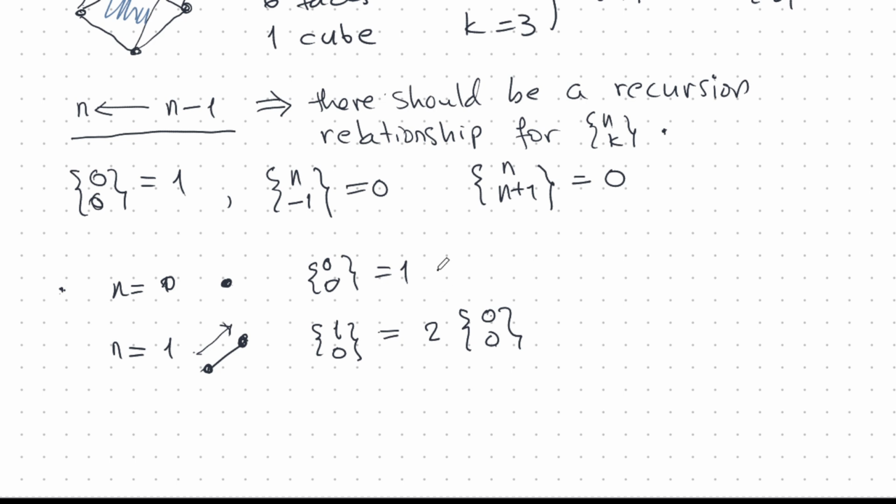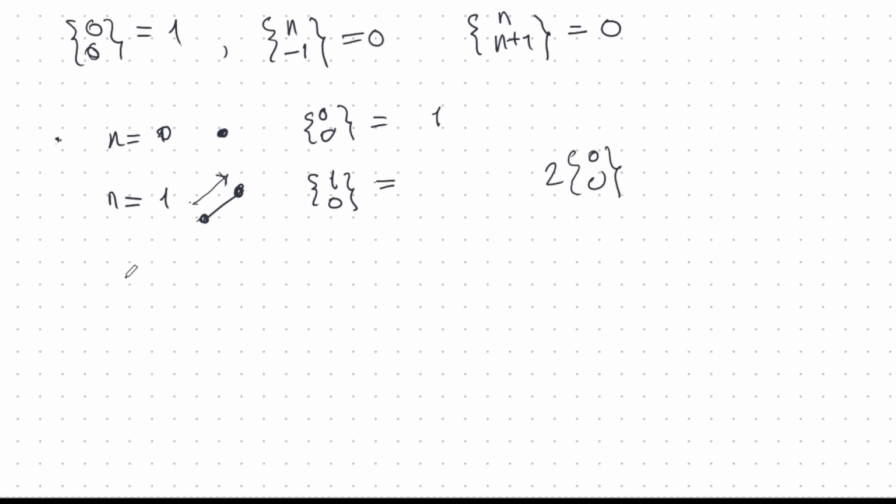So I can actually write this in a better organized way. Let's do it like this. 2, 0, 0. You'll see why soon. Okay, so I'm leaving a space so you'll see what's going on shortly. All right, now for n is 2, we have the square.